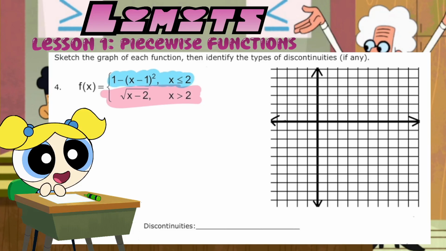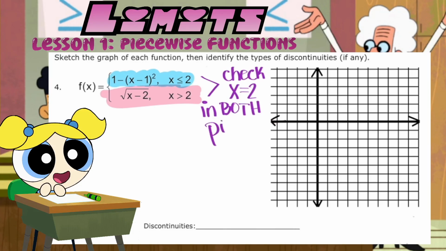So let's analyze how we're going to do this algebraically. Let's go ahead and do the mixture of the two colors, purple. We're going to check x equals 2 in both pieces.